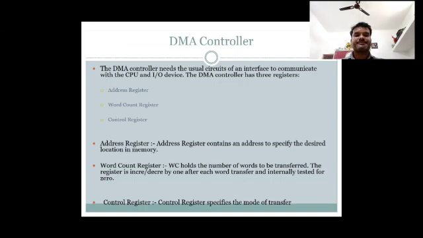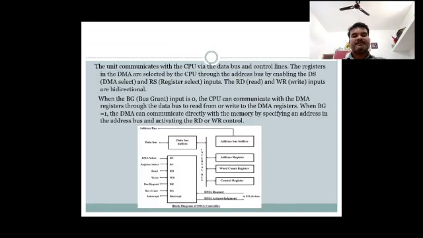The third is the control register. The control register specifies the mode of transfer. The unit communicates with the CPU via the data bus and control lines.